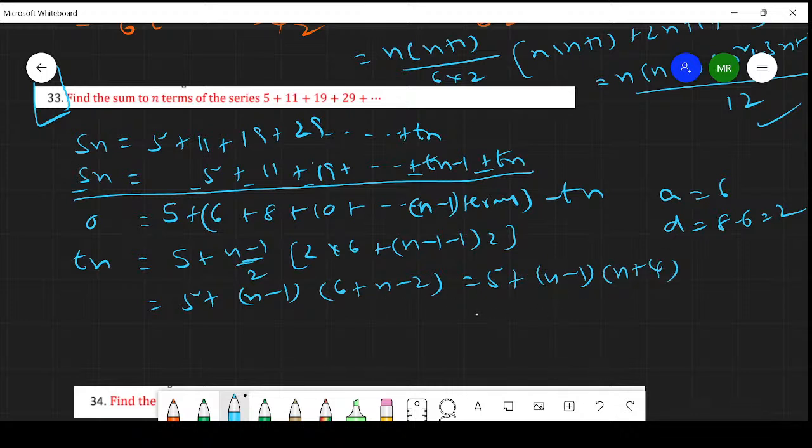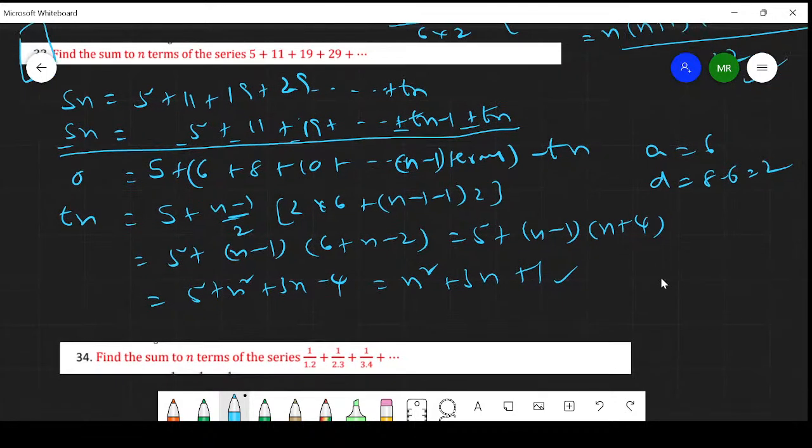Simplify this: 5 plus n square plus 4n minus n minus 4, it will be n square plus 3n plus 1. That is the nth term of the series.